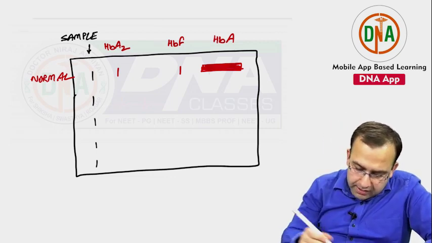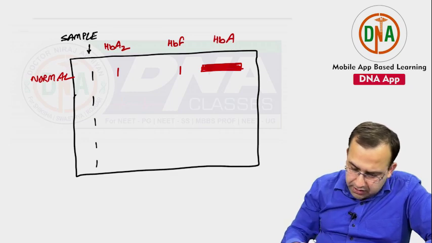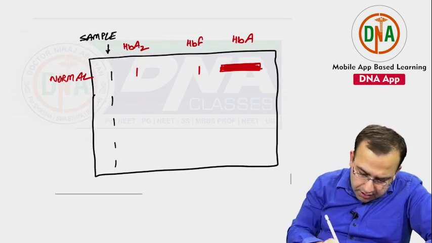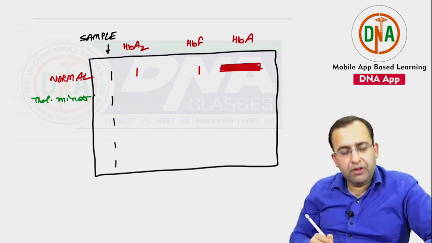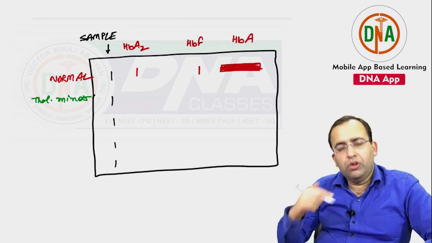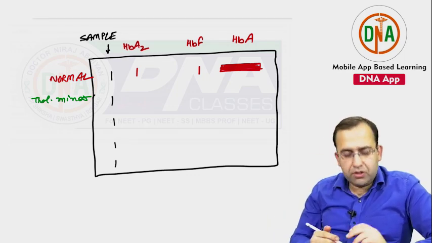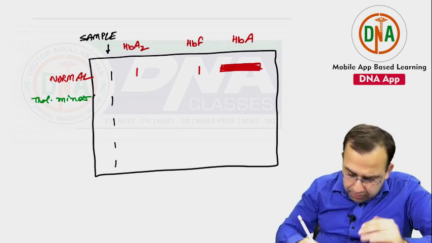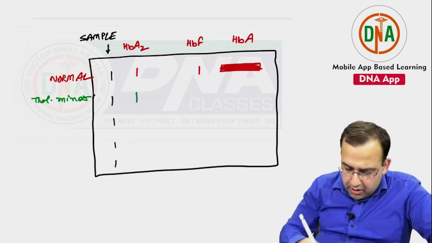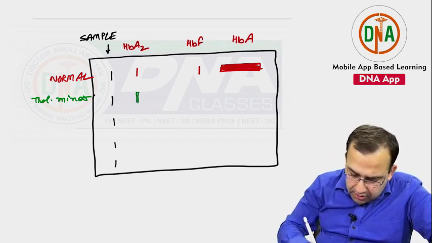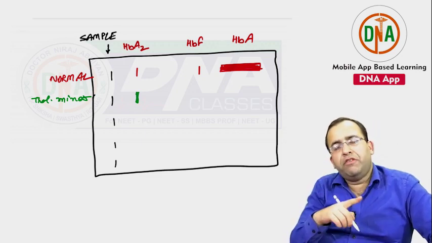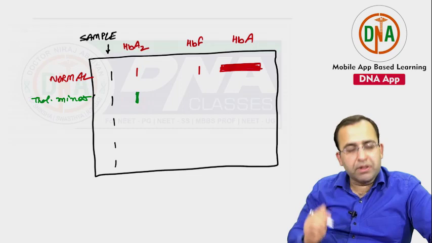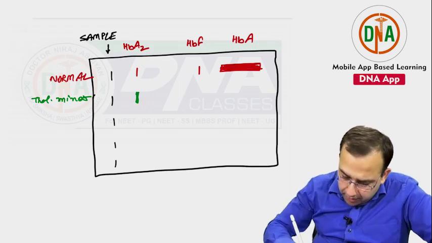Next, sickle cell. Let us first start with thalassemia minor. HbA2, low, normal, high? We just saw in thalassemia minor, HbA2 increased. Slightly increased or massively increased? Slightly increased. HbA2 more than 3.5% but less than 8%. Slightly elevated.